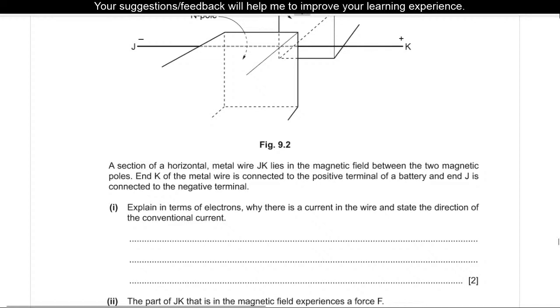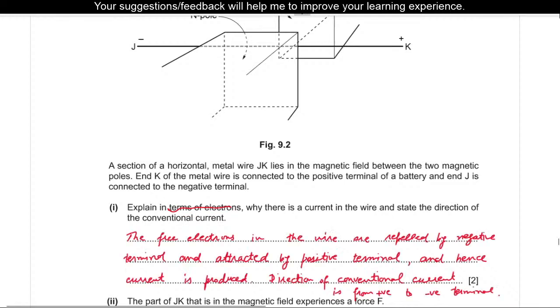Explain in terms of electrons why there is a current in the wire and state the direction of the. So you have to explain in terms of electrons why there is current in the wire.